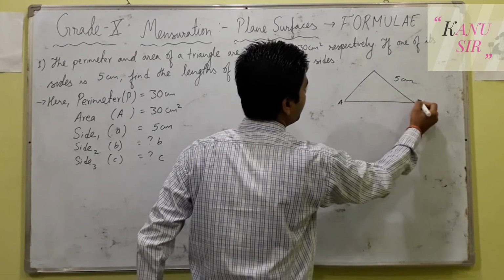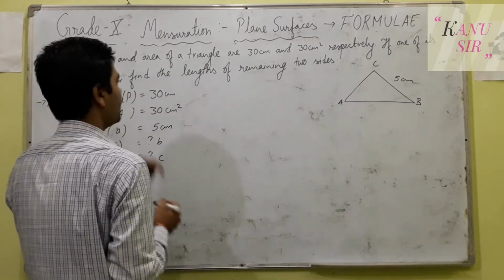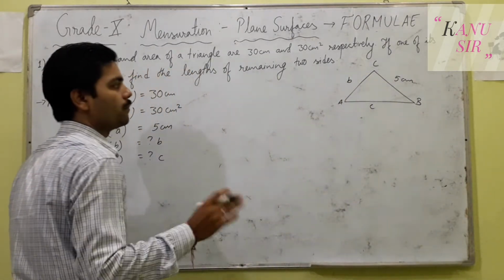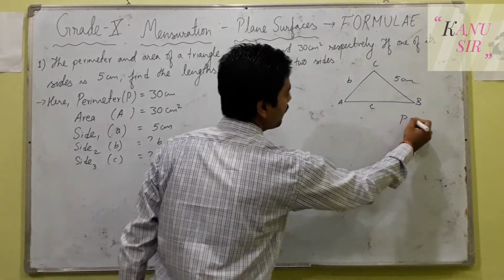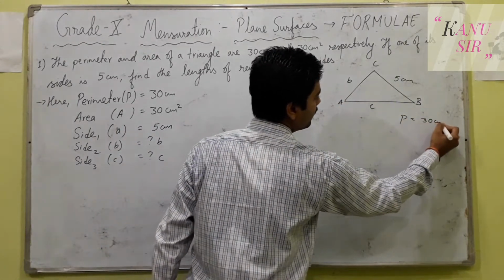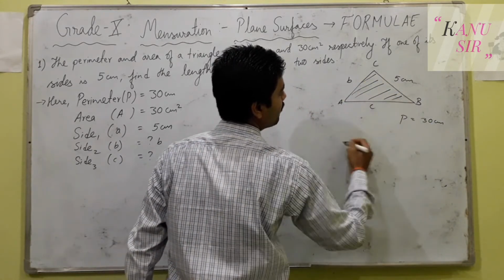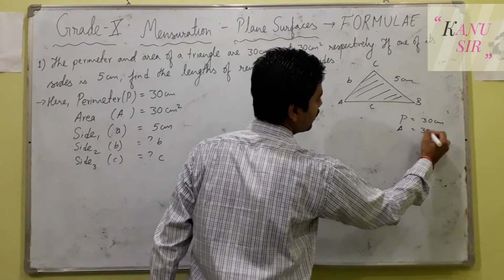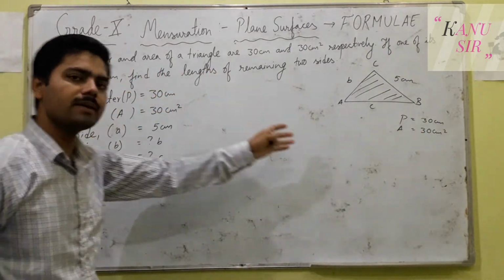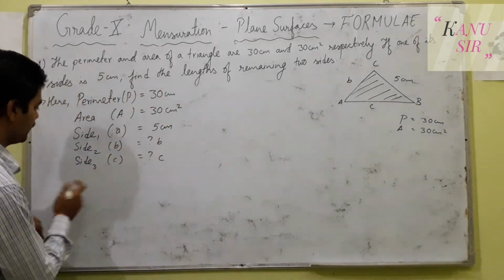Let us put the names A, B and C. Opposite of A is 5, that is A, and B is B, opposite of C is C. The perimeter by adding all three sides is given as 30 cm, and the area covered by this triangle is 30 cm square. So just two hints are given. We will take those two hints and solve the question, and let us see what we get.